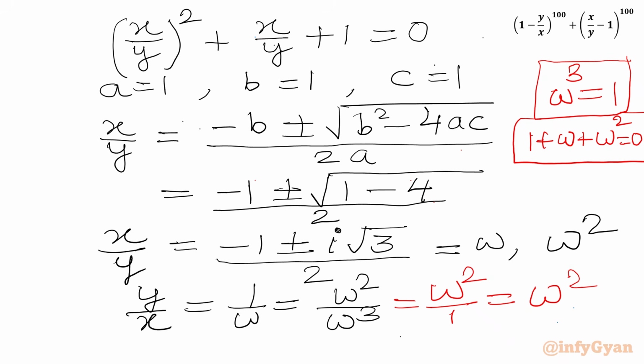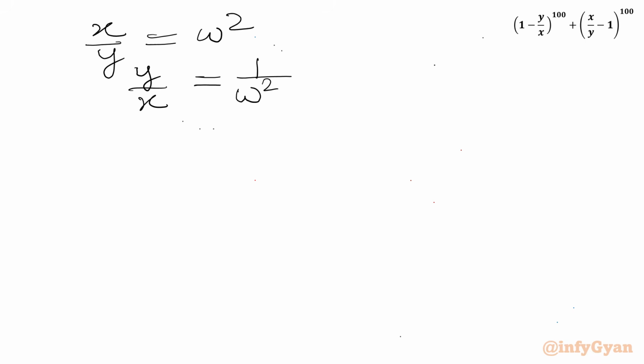And if x over y is equal to omega square, then y over x will be 1 over omega square. Again we will multiply numerator and denominator by omega.